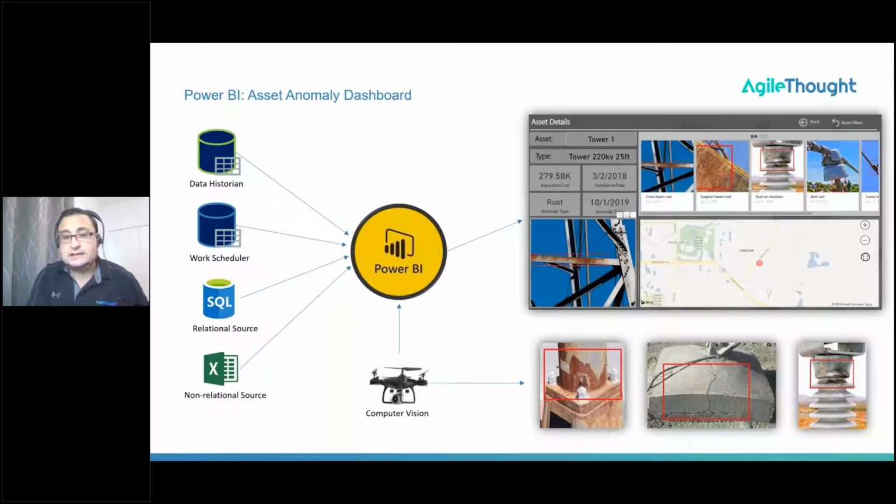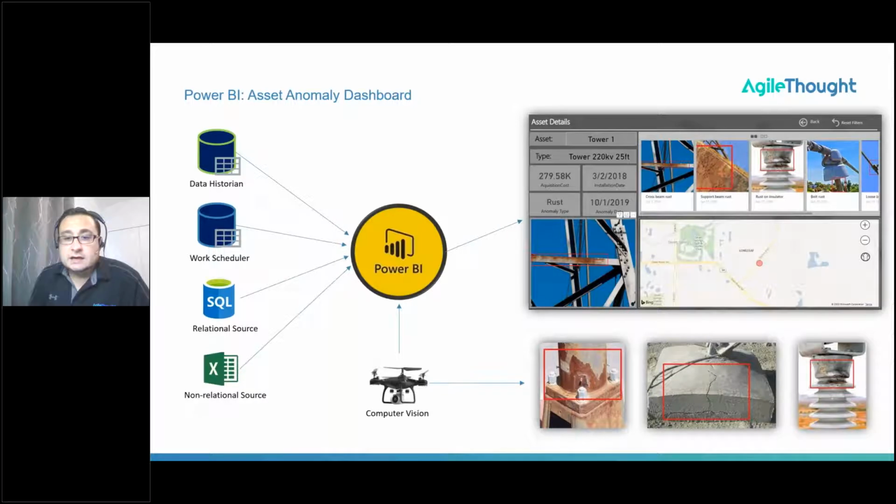Perhaps you could use it from a data lake, could consume data from a database, and pretty much from any other data storage. And you can also augment this data set along with other types of data sets like telemetry data from your machine equipment, from your data historians, from work schedulers, in other relational, non-relational data sources.